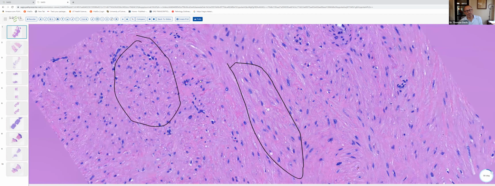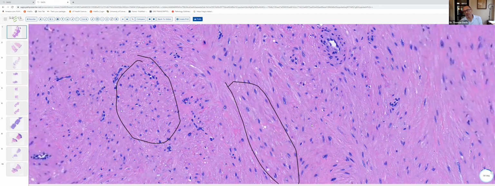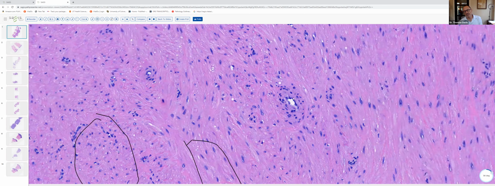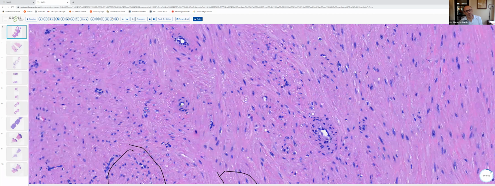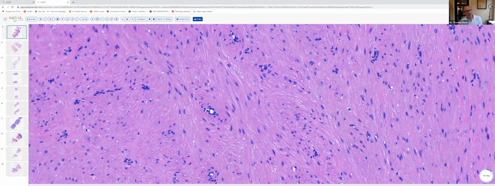Now, interspersed between these fascicles of spindle cells, one can see slit-like vessels. And these slit-like vessels have smooth muscle in their wall, and the smooth muscle kind of merges in a very inconspicuous fashion with the fascicles of spindle cells between the vessels.